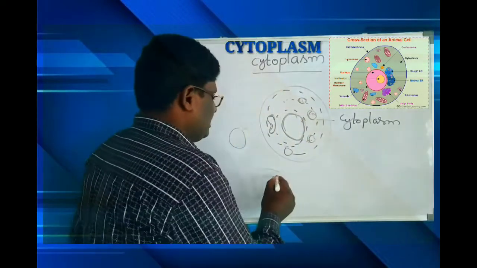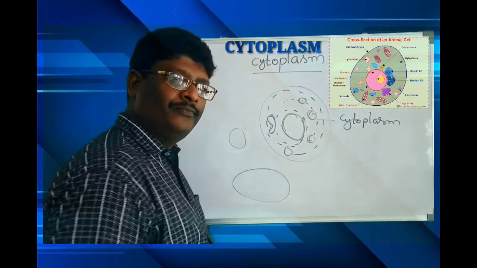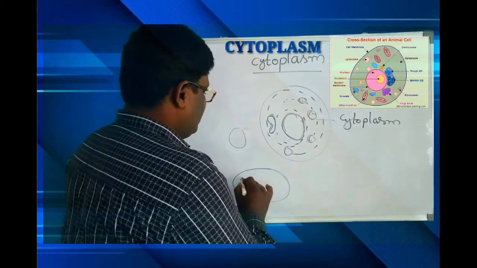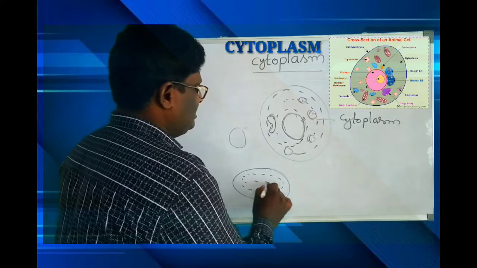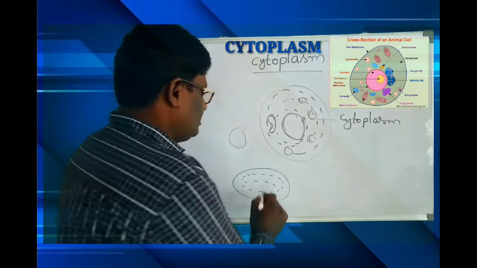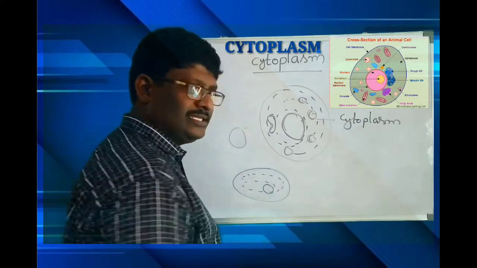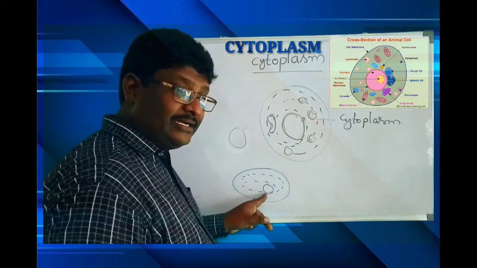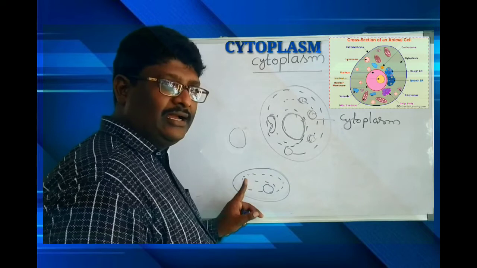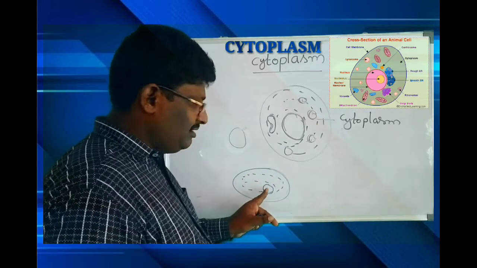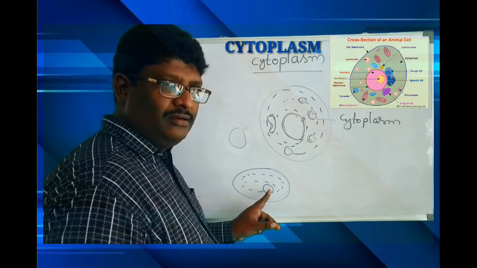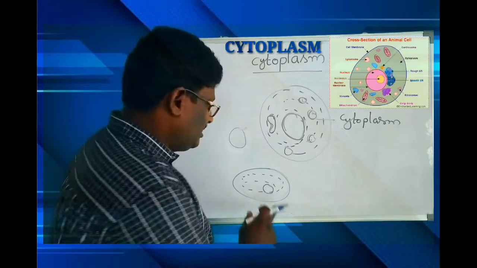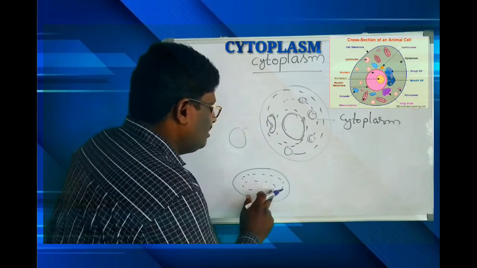This is cyanobacteria. Bacteria, inside the bacteria there is a cytoplasm. But inside the cytoplasm there is a nucleus. But here, in this cyanobacteria, even though the bacteria has a nucleus, the nuclear membrane is absent.